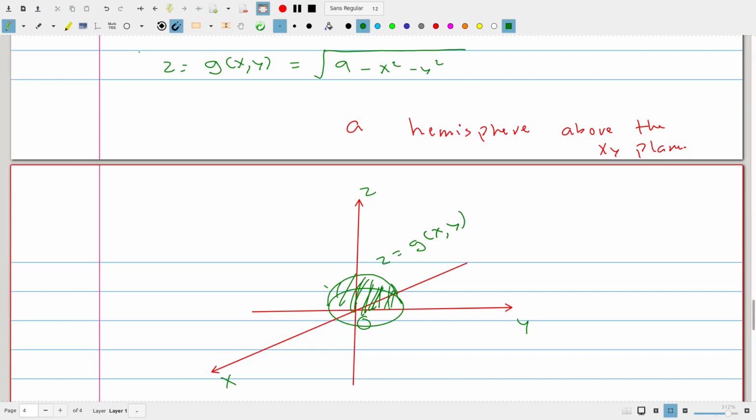There are much more complicated shapes that you can draw. We won't be doing those manually. We'll try to use Mathematica or some other graphing software to draw these shapes.